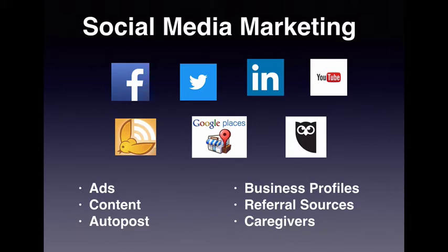So the first thing we're going to talk about is ads and just buying advertisements on these platforms. What I personally suggest you do when it comes to buying ads, paid marketing on social media websites, is, if you're going to do it, just start and stick with Facebook.